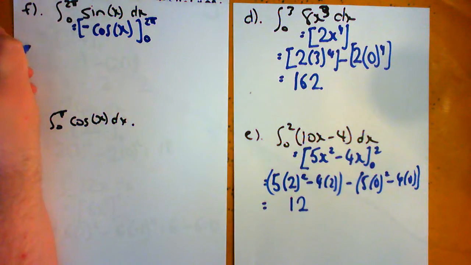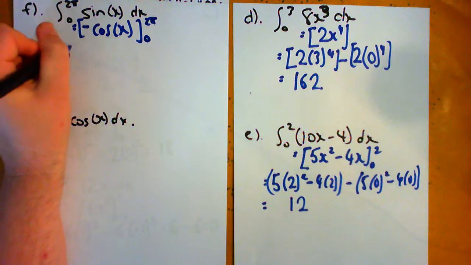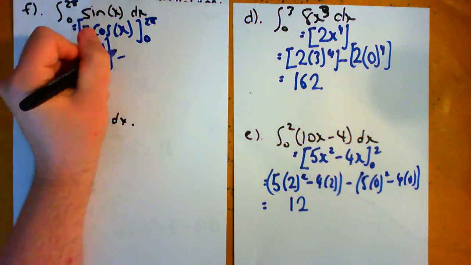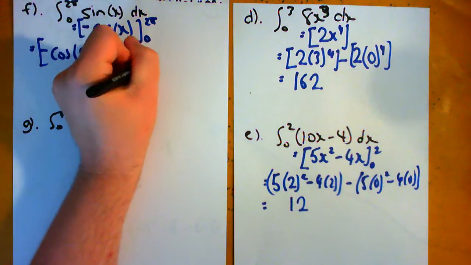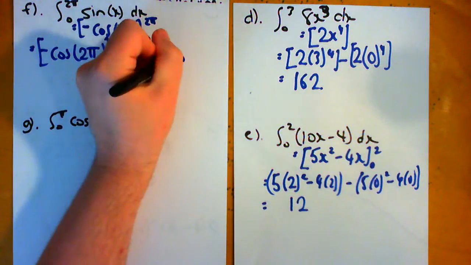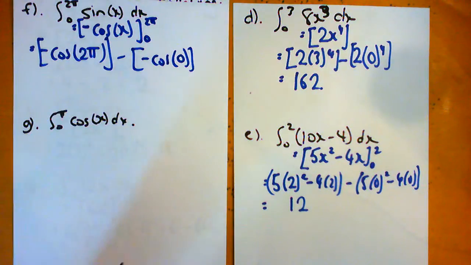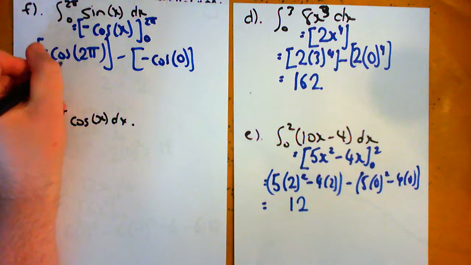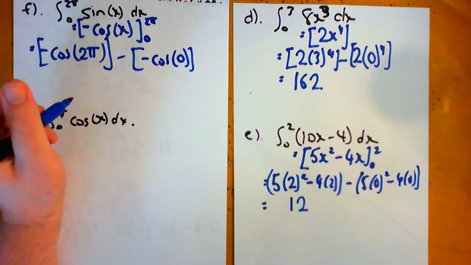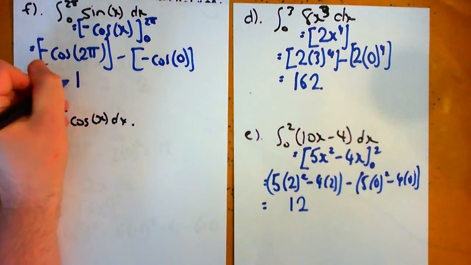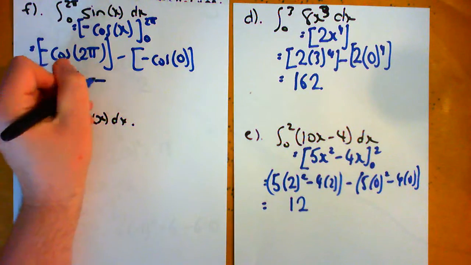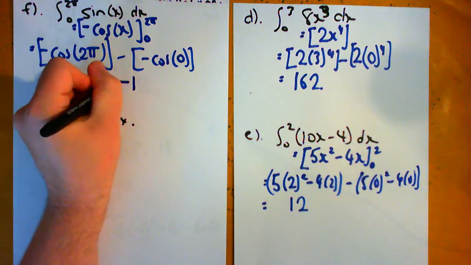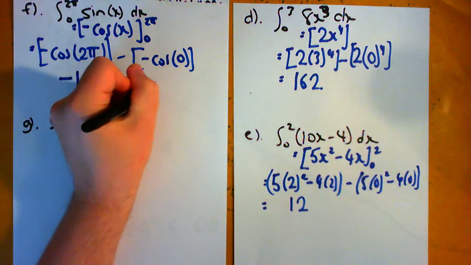So 2 pi first, we get negative cosine of 2 pi minus negative cosine of 0, because now we're substituting 0 in as our x. So cosine of 2 pi, remember we're working in radians here, so cosine of 2 pi is 1, so that's negative 1, minus cosine of 0 is also 1, so this will be negative 1 as well, which gives us 0.